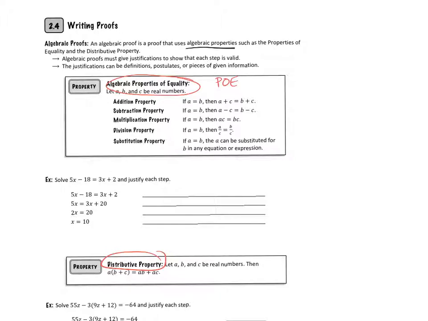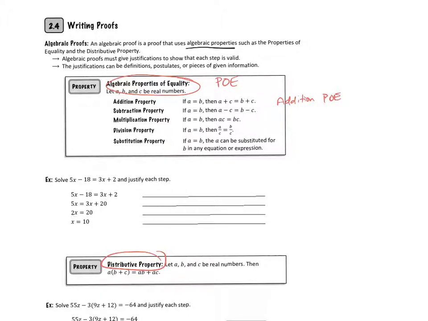So the addition property of equality would be written as the addition POE, and then on down the line. So a proof has steps, but then each step has a justification to explain or show why that particular step is valid.